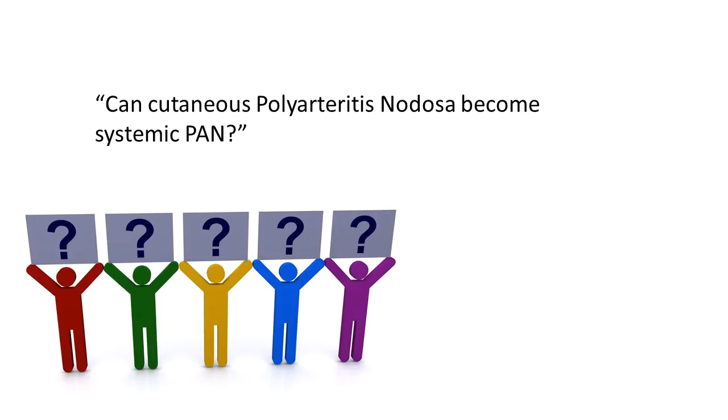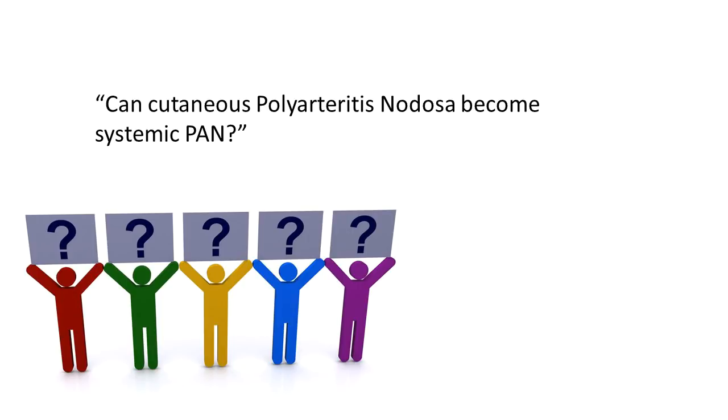And certainly, if anything new crops up, new symptoms or whatever, we're going to investigate that. But based on the literature, my opinion is that if you properly categorize someone to begin with, the chances of it turning into a systemic PAN is either 0 or close to 0, depending on how you want to interpret those studies.